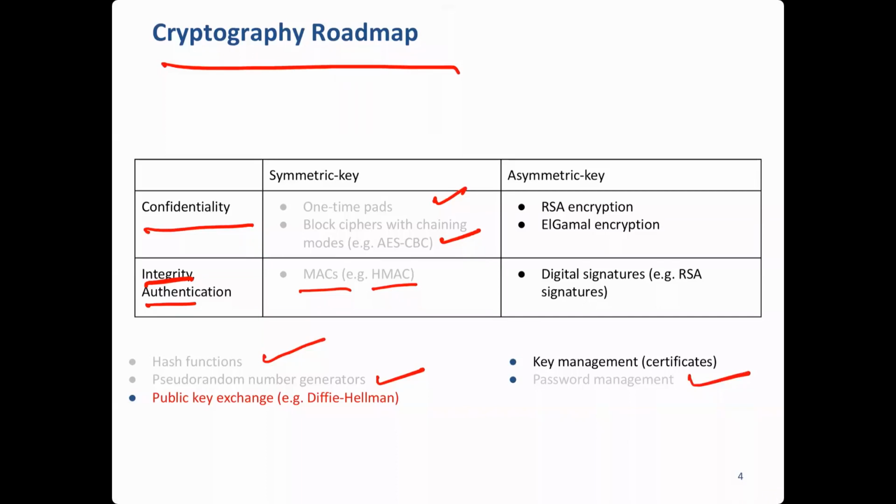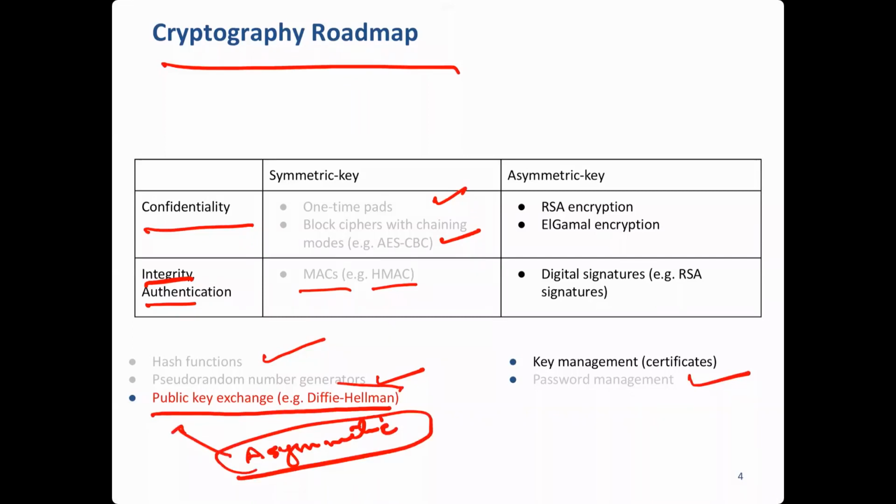Now we are into the asymmetric part, or public key part. We call it asymmetric key encryption, or also public key encryption. And the first thing we want to study is how to generate the shared key over the internet.